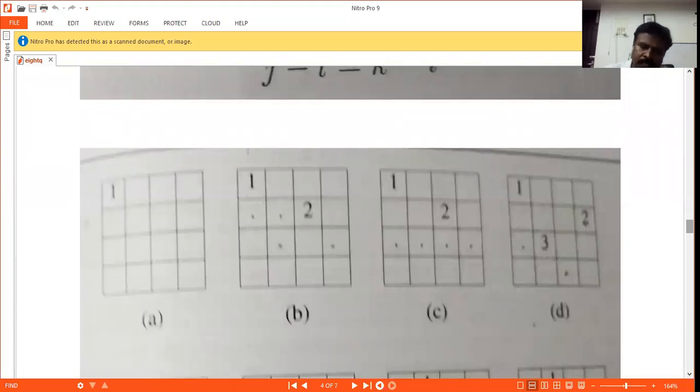So how does a queen attack? Within the same row, only 1 queen should be there, right? If you have another queen, that queen will kill that one. So within one row, 1 queen is possible. Similarly, within one column, 1 queen is possible. And the diagonal also will kill the other queen.